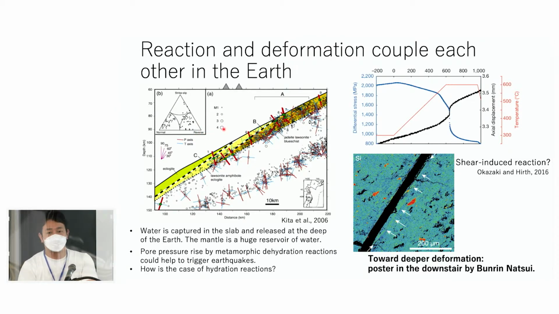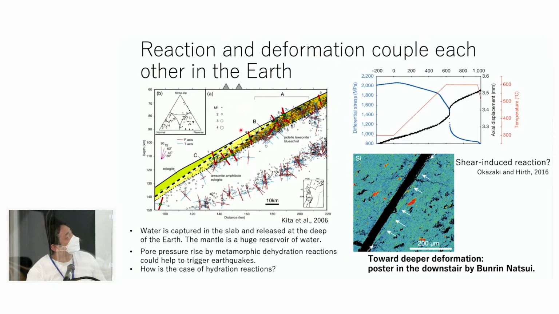Then we have volcanoes, and if we have an eruption, magma erupts, but water is also released from volcanoes. So we have subduction and volcanoes, and this cycle is a material cycle as well as a water cycle.